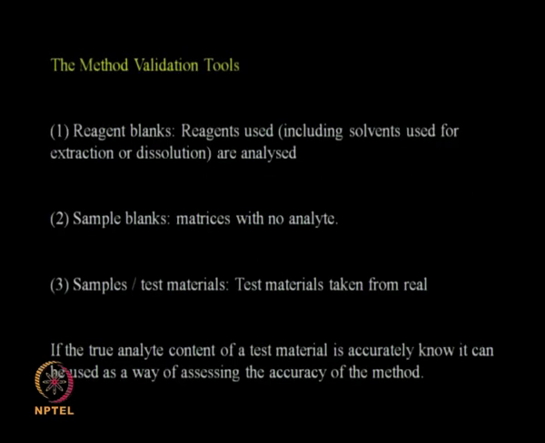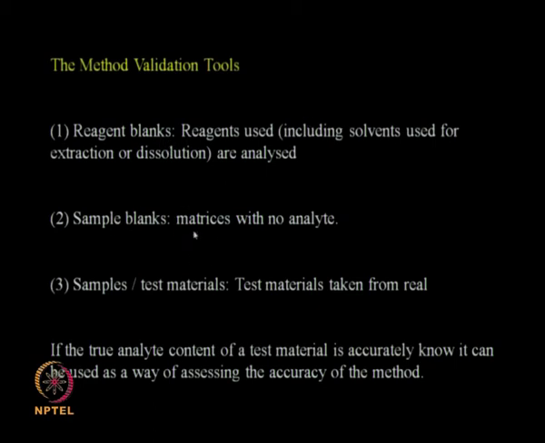So what are the method validation tools? We may have to use reagent blanks. That means if I am using solvents for extraction or dissolution, I need to test those also and see whether there are any peaks in my chromatogram coming out because of the reagents.